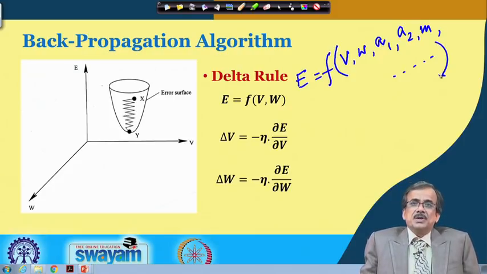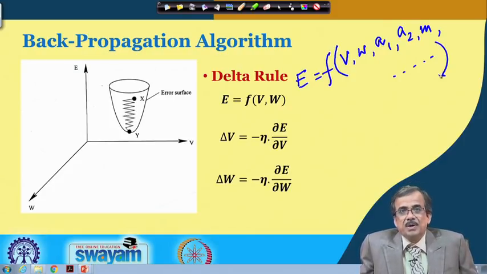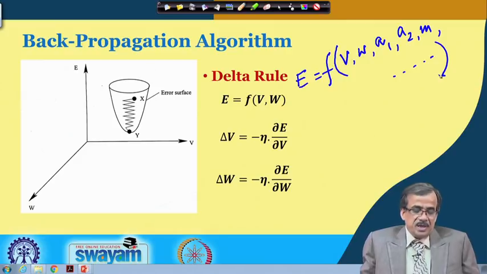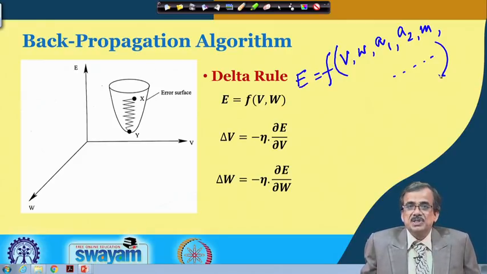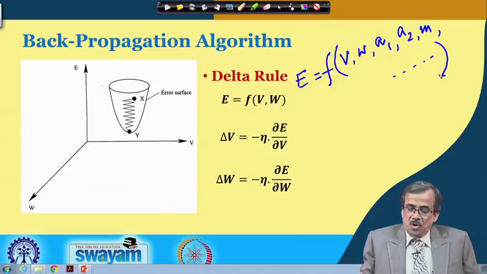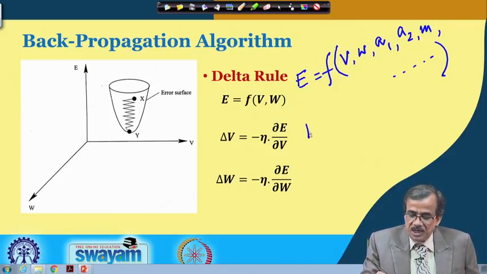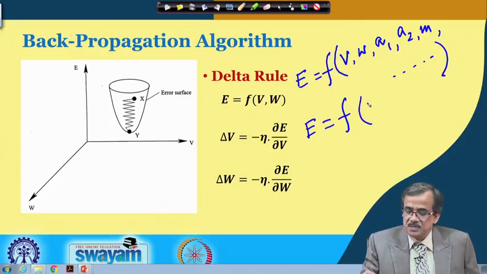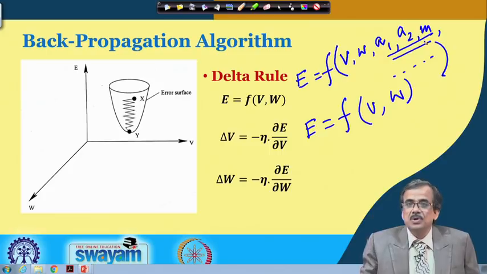So, it depends on, in fact, a large number of parameters. Now, for simplicity, for the purpose of explaining how this particular error can be minimized, we assume that this error is a function of only two variables, one is V, another is W, and for the time being you just forget the other terms.